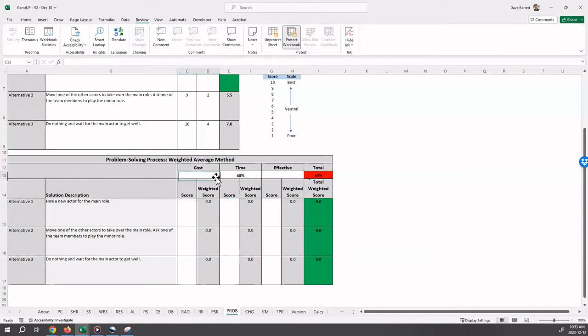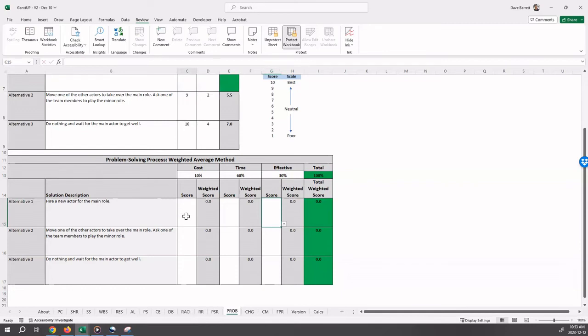So the remaining 40% is split between cost effectiveness is 10%, and the effectiveness of the solution of the output is 30%. And that's how we've decided to rank the categories. Now, again, this could be varied on other issues and so on, but that's what we're saying.